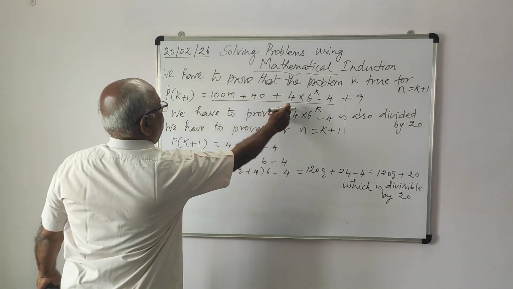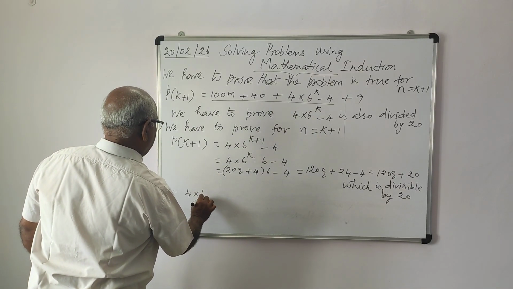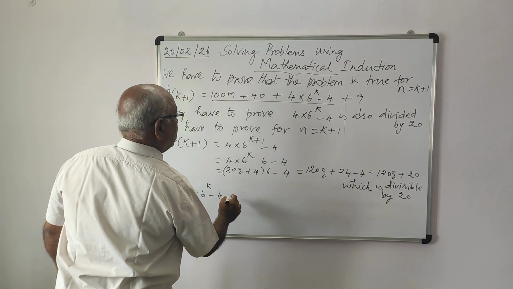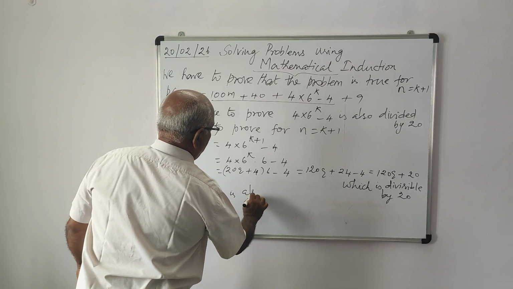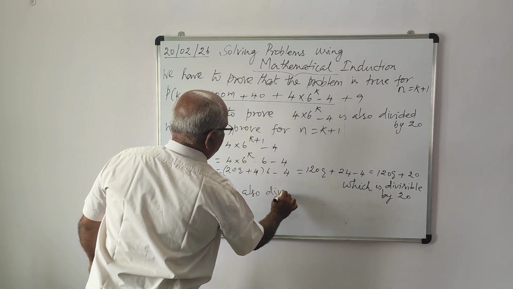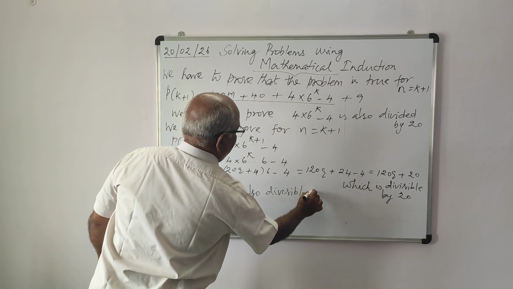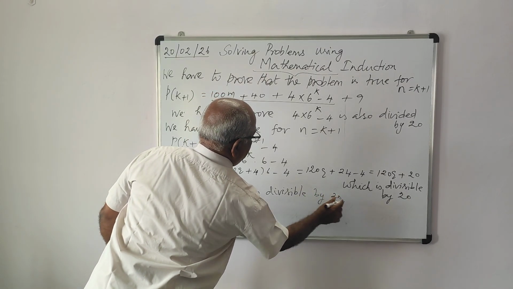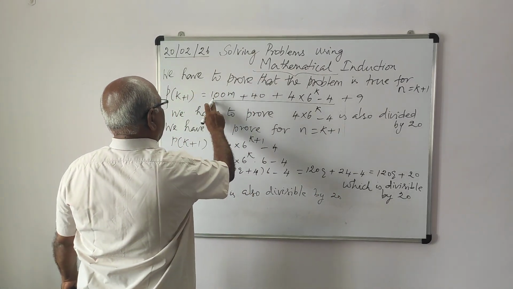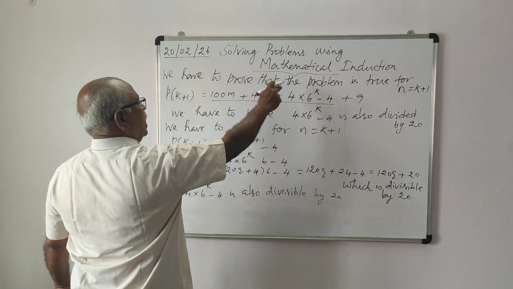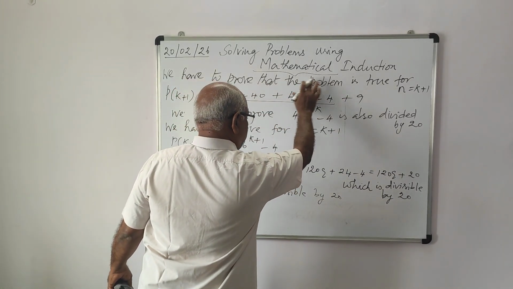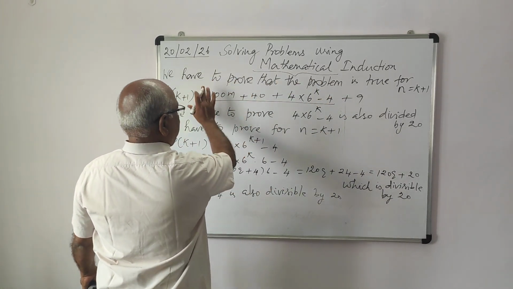Therefore, 4 into 6 power k minus 4 is also divisible by 20. So 120q plus 20 is divisible by 20, and 4 into 6 power k minus 4 is also divisible by 20. The entire expression is divisible by 20.